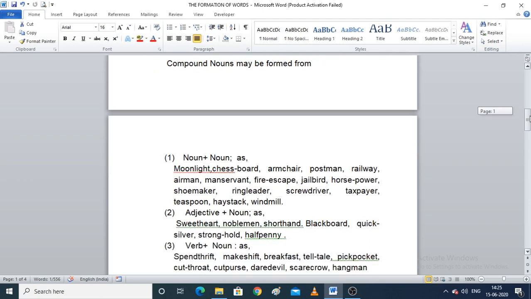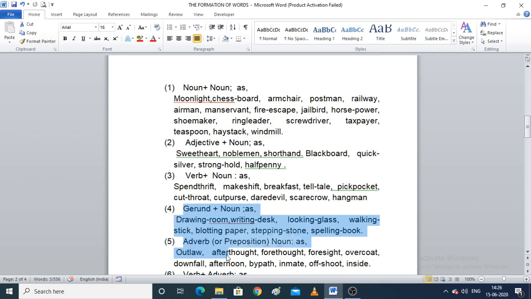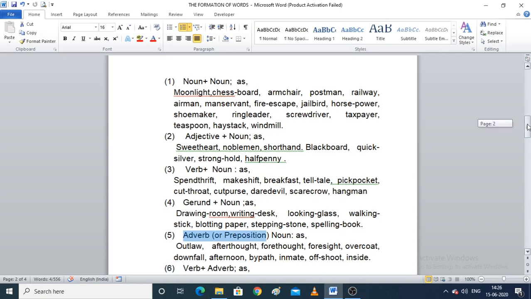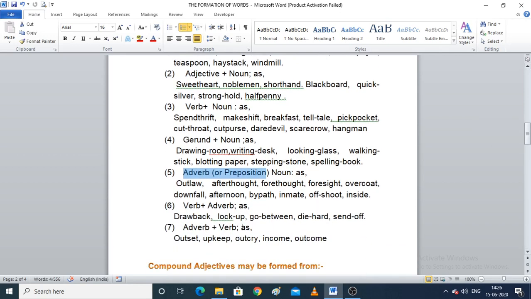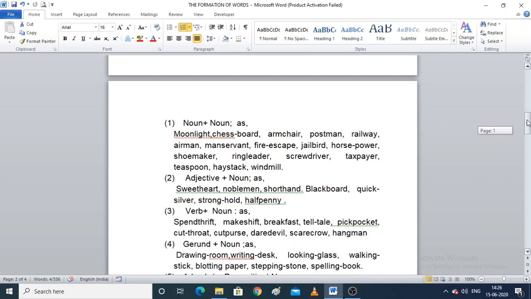For example, those two words could be noun plus noun, adjective plus noun, verb plus noun, gerund plus noun, adverb plus noun, verb plus adverb, or adverb plus verb. Let's read out the examples so that you will get a clear picture of this.